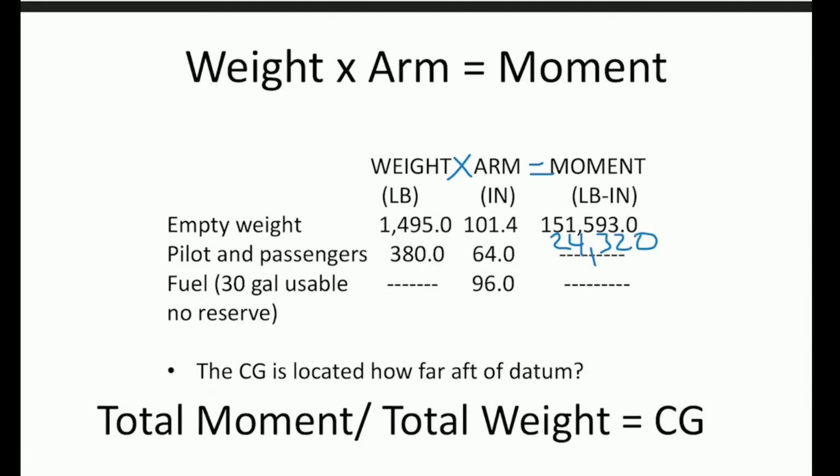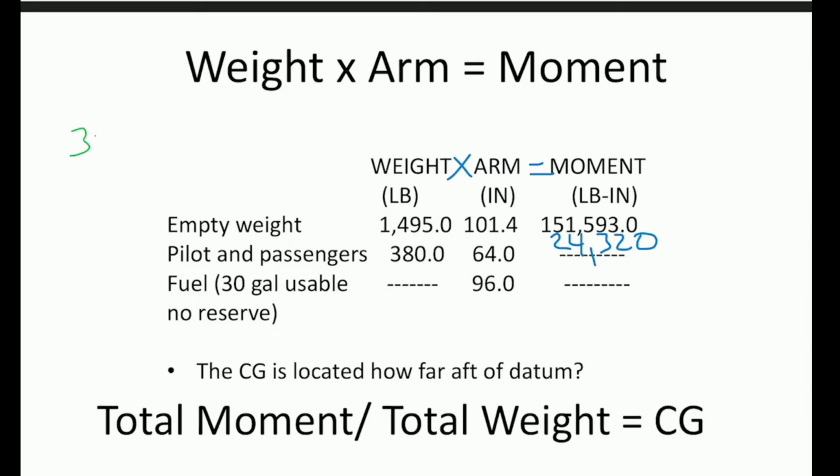And so for fuel, if we got 30 gallons, remember, if you put 30 gallons here, you're going to get the answer wrong, because 30 gallons does not tell you how much actual fuel it is or how much weight it is. So we need to figure out, all right, what's 30?